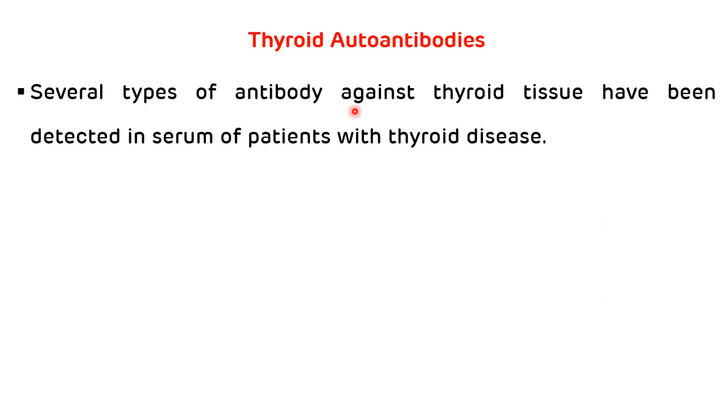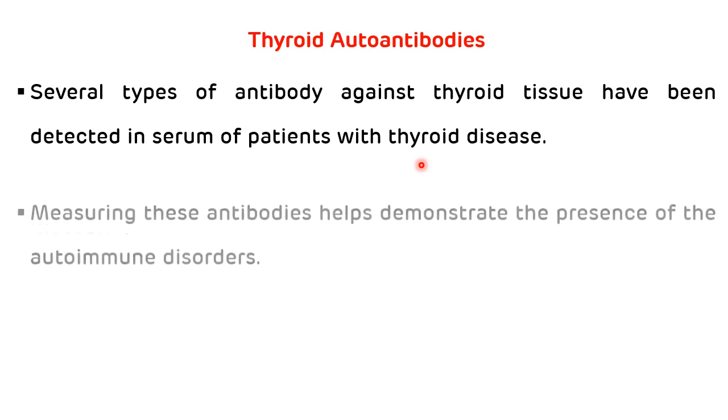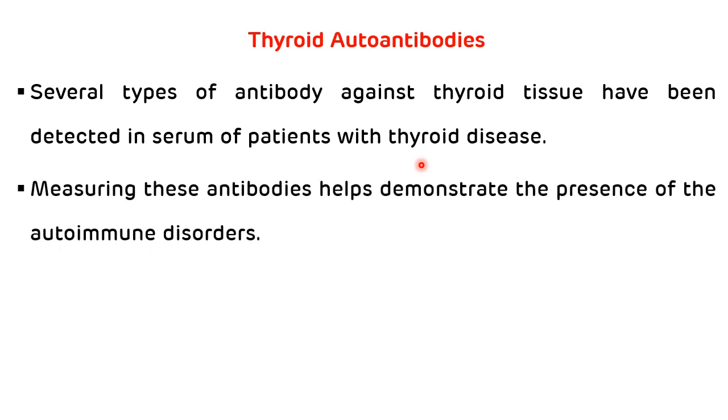Now measurement of thyroid autoantibodies. Several types of antibody against thyroid tissue have been detected in serum of patients with thyroid disease. Measuring these antibodies helps to demonstrate the presence of autoimmune disorders.